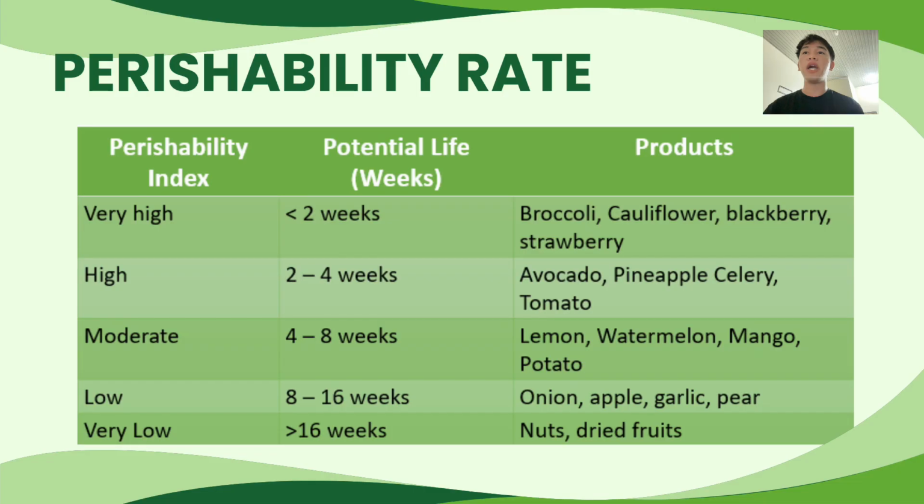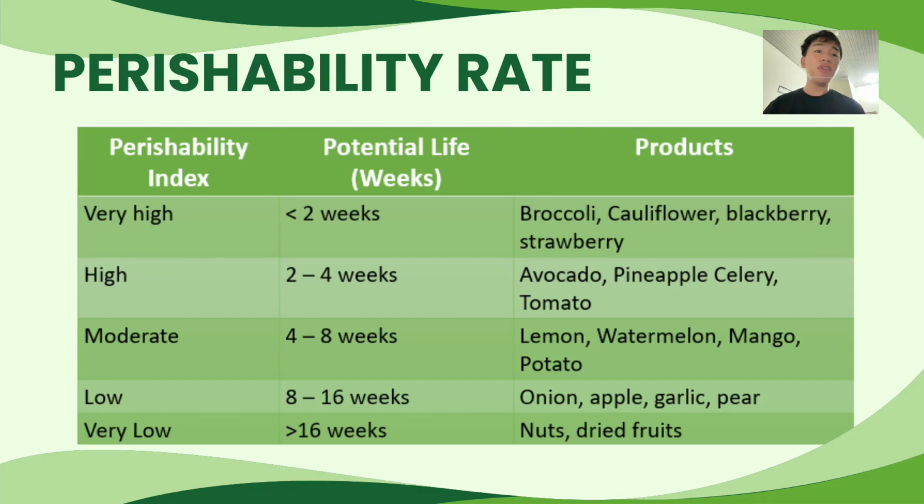The second one is high. For high, the potential life of products like avocado, pineapple, celery and tomato is about 2 to 4 weeks. Next is moderate. These products are just examples, not general: lemon, watermelon, mango, and potato.